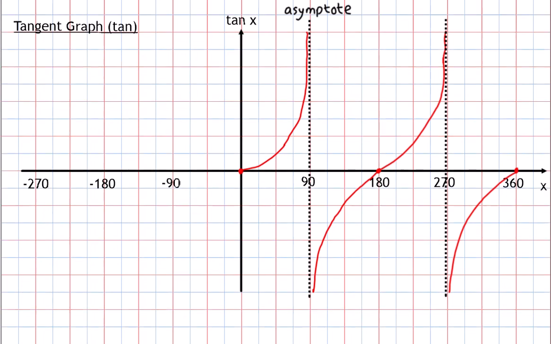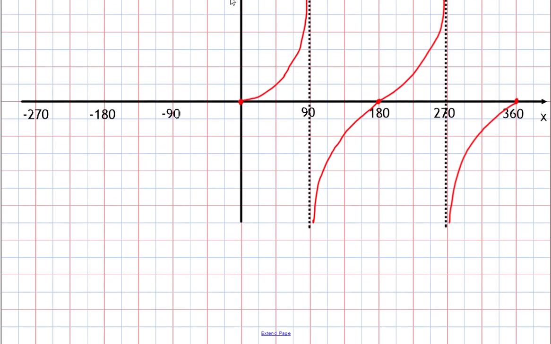Now, why can't you have tan of 90? So let's draw a little triangle. Now, tan, if you go back to SOHCAHTOA, tan is O over A. So if I put my angle here, theta, and a right angle there, because it's trigonometry, there's the opposite, there's the adjacent.